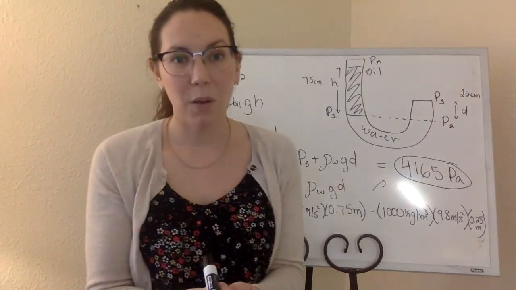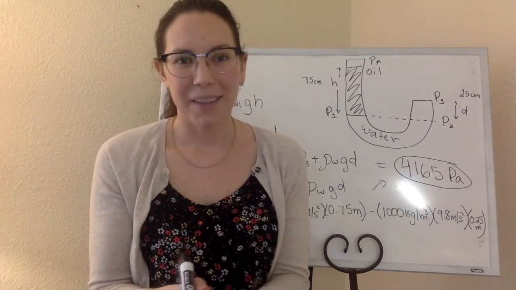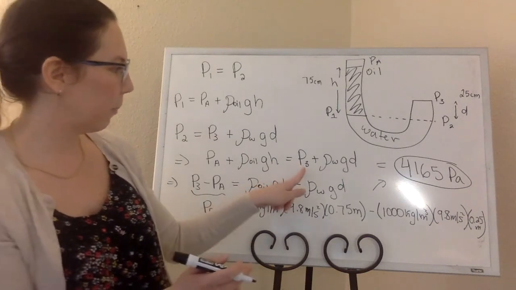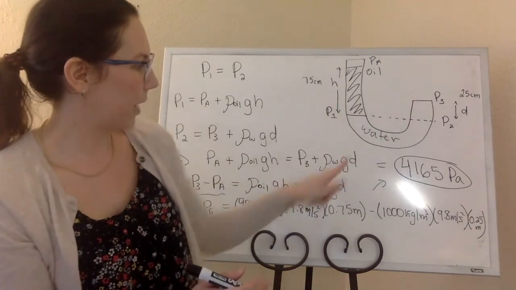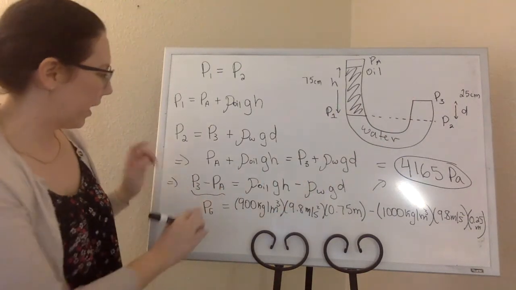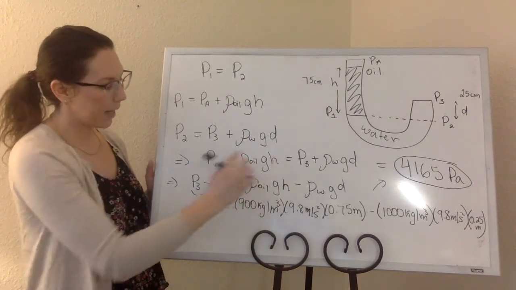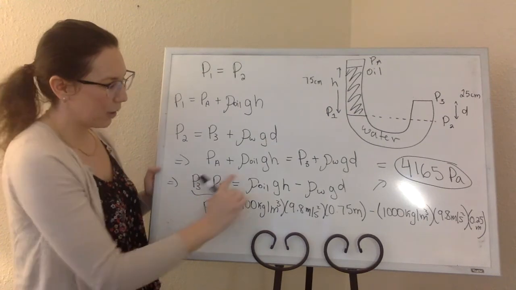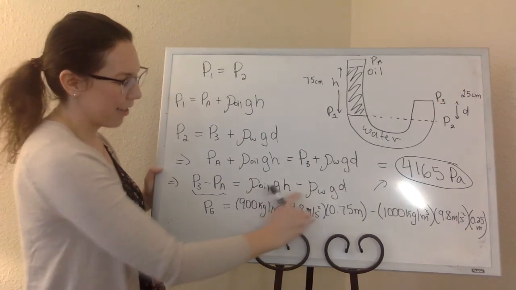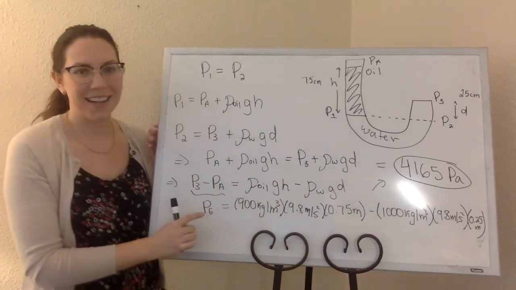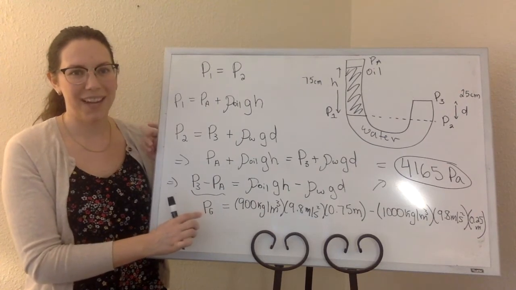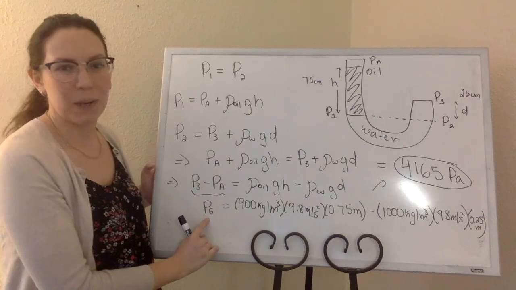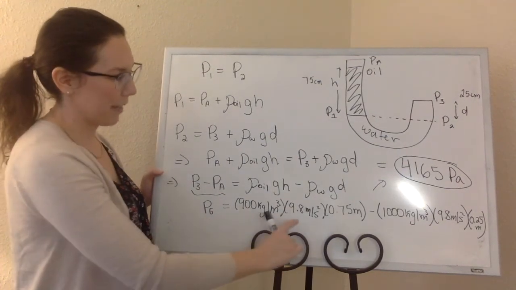So what I want to solve for at this point is P3 minus PA, since the gauge pressure is equal to the absolute pressure P3, the closed end in this case, minus atmospheric. So I'm getting that onto one side. I'm doing P3 minus PA, which leaves me with rho oil GH minus rho water GD. You can stop and do that algebra if you like. Okay, so then this itself is the gauge pressure, and then we can plug in numbers at that point.